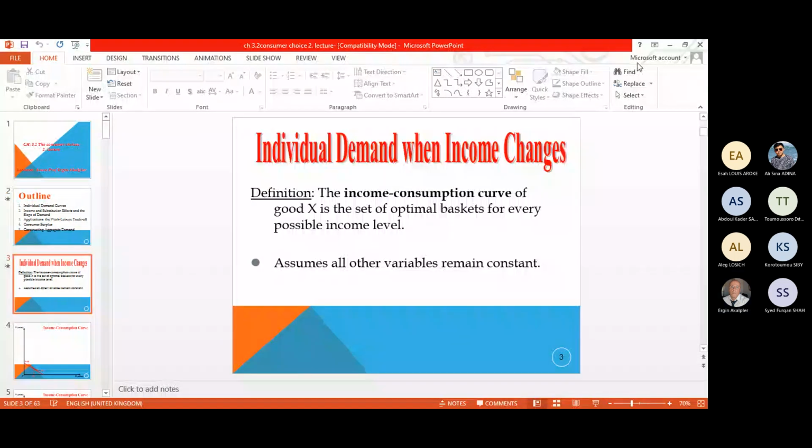As we did in our last lecture, we have estimated some utilities. We determined the utility.